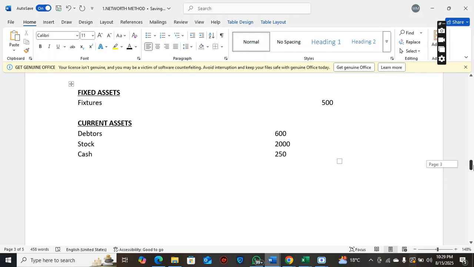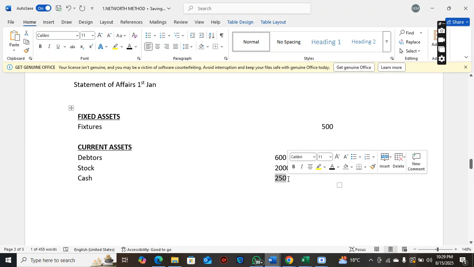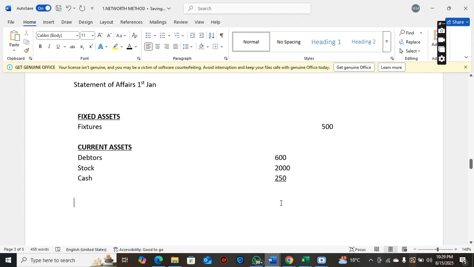We add up our current assets, 600 plus 2000 plus 250.